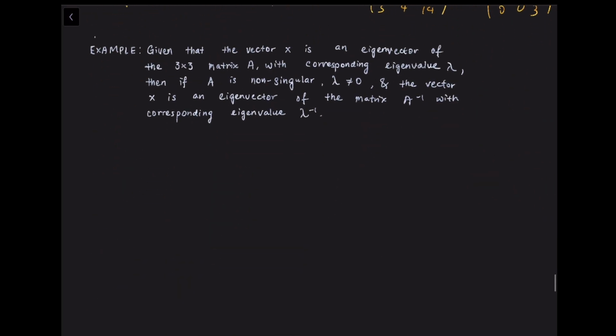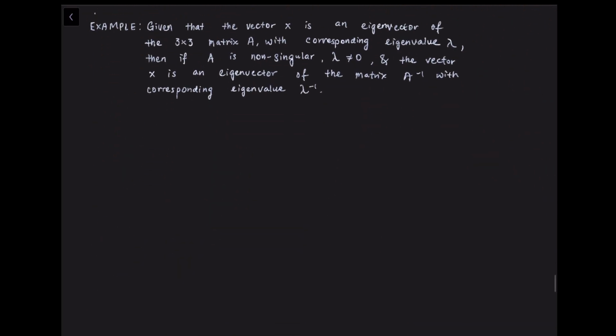Let us now take a look at this example. Given that the vector x is an eigenvector of the 3 by 3 matrix A with corresponding eigenvalue lambda, then if A is non-singular, lambda is not 0, and the vector x is an eigenvector of the inverse matrix A with corresponding eigenvalue lambda to the power of negative 1.